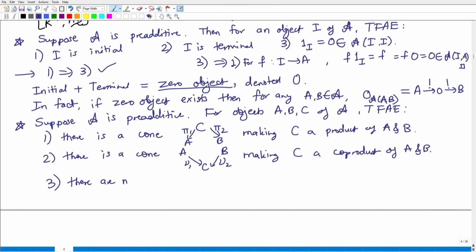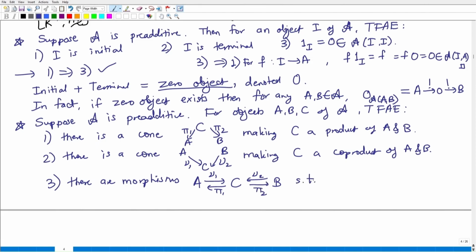And finally, there are morphisms. Now consider these morphisms, A, C, B. I will write both of them. This is nu 1, this is pi 1. Then this is nu 2, this is pi 2.